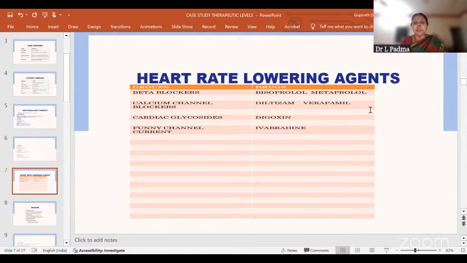Metoprolol has selective beta 1 activity, that is cardio selective only, whereas bisoprolol in addition has nitric oxide activity, vasodilatation, so it may decrease the blood pressure also.